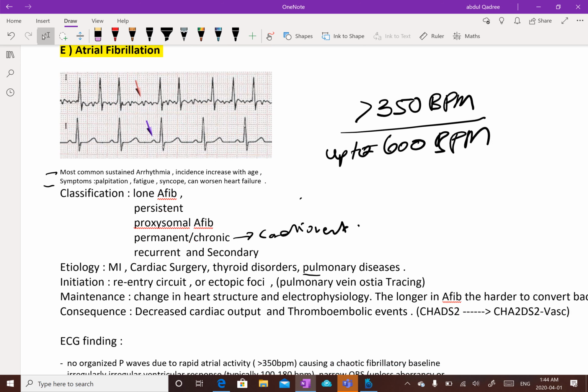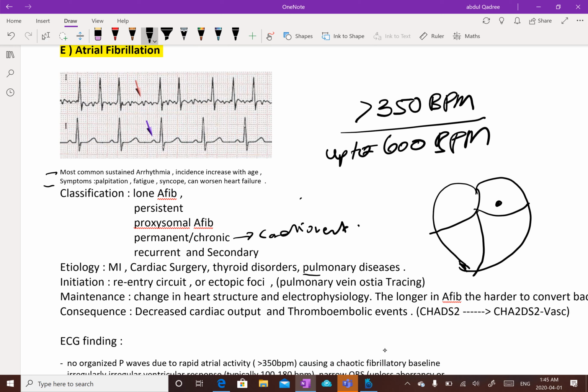How does atrial fibrillation start? As we said, we are going to draw a heart again and talk about it this way. Okay, my drawing is a little bit messed up, but you understand what I'm trying to do. Let's say there's a foci.